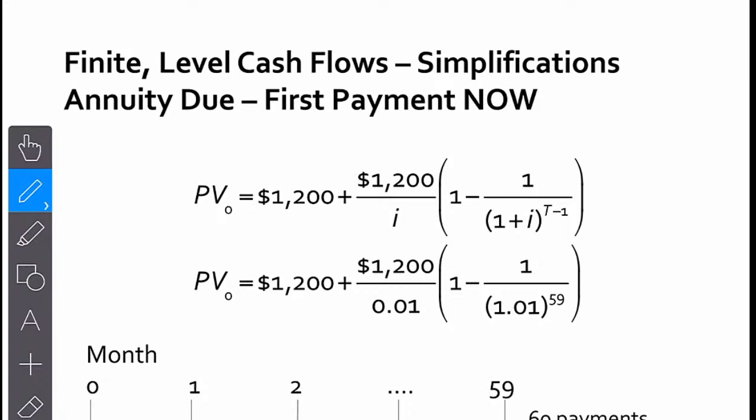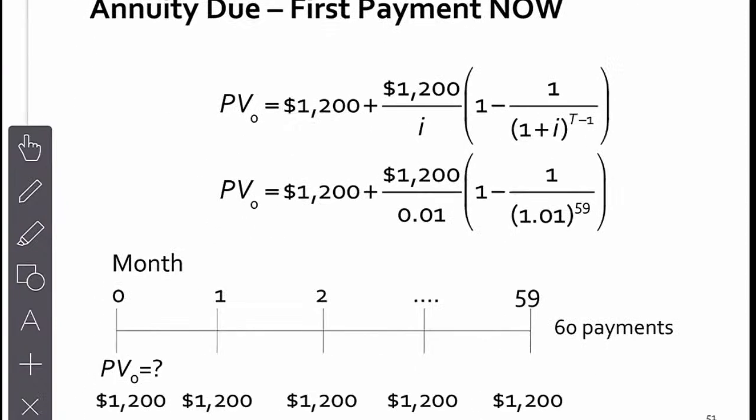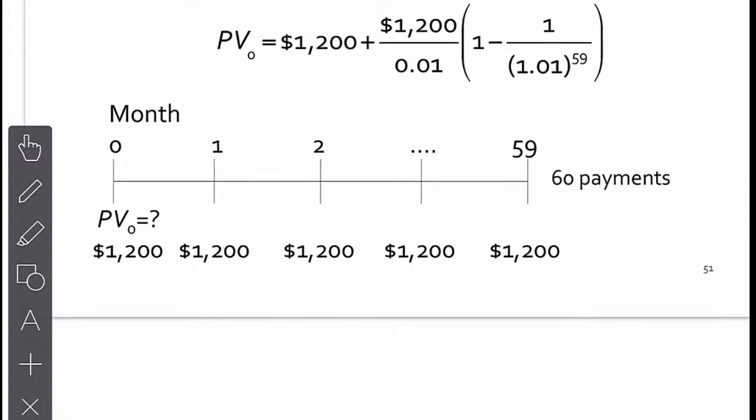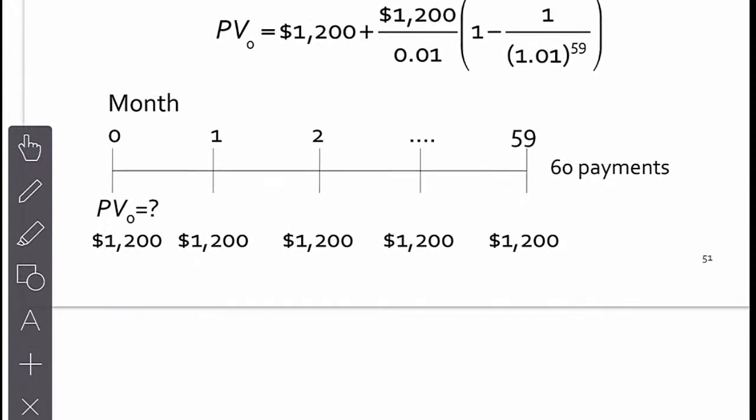In terms of the problem, let's look at the particular problem. This is what I would write. So there is the 1 less, so 60 payments, but the first one now, and then the rest here with the regular annuity formula. And that's how you could enter it. You could enter it as an annuity with 59 and add 1.